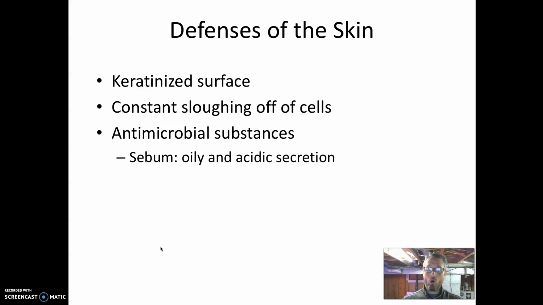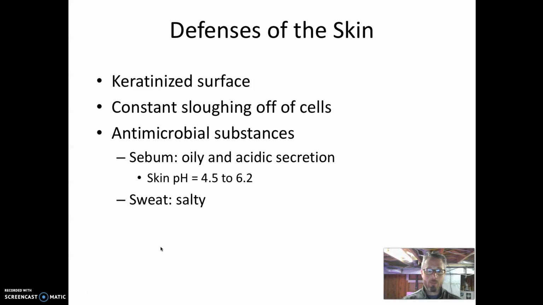But sebum is an oily and acidic secretion for the skin. So this creates an environment that only some microbes can survive in. Specifically here for the skin with a pH of about 4.5 to 6.2, sebum helps select for acidophiles.